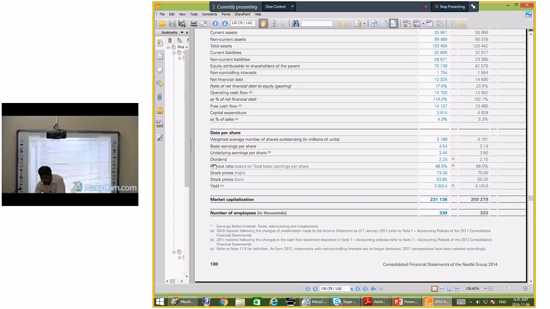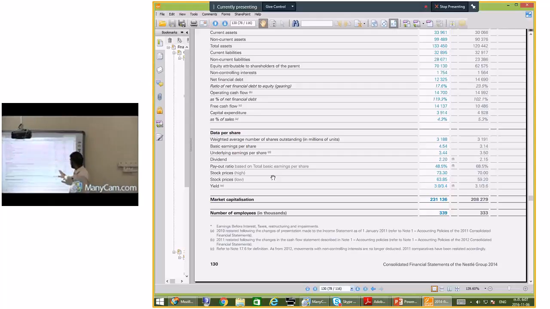Yes, you can see dividend, stock price high, stock price low, and yield ratio. All are here. Then investors can compare this year's details with the previous year, and also they can compare with the competitors and industry average, industry norms, right?